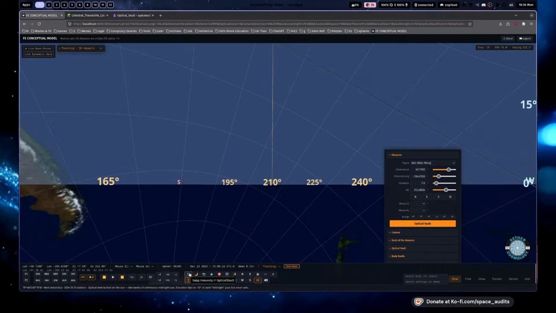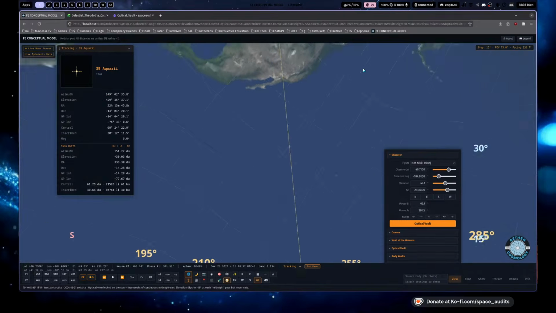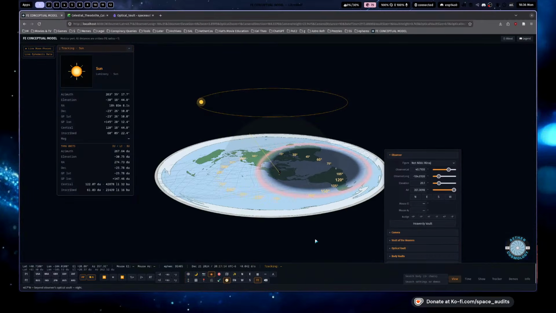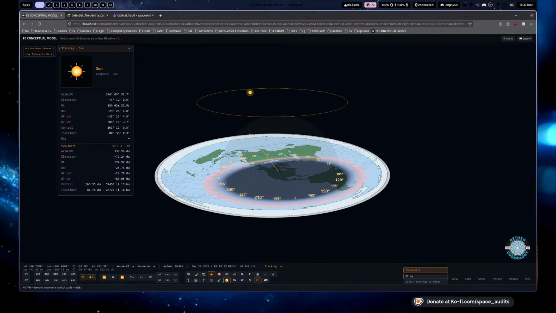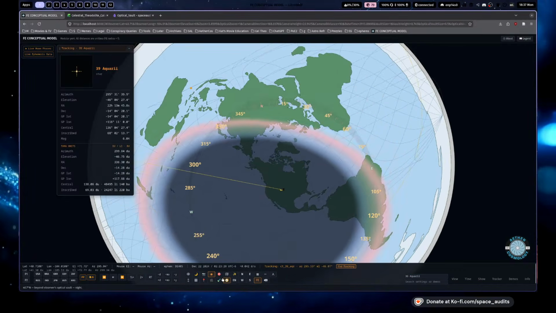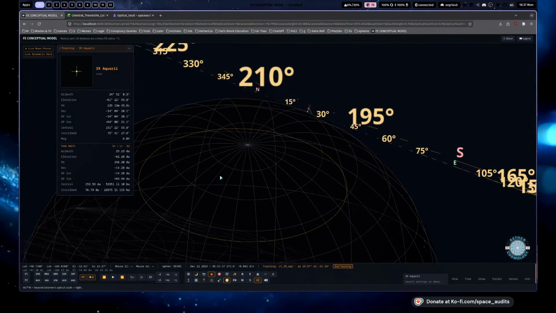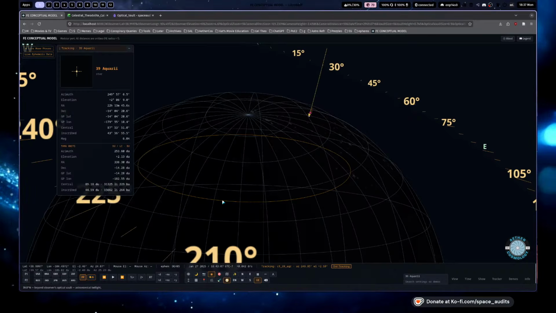We see what the observer sees. There's 93 Aquarii. It's currently at 23 elevation. I'm in the demo right now. 3 Aquarii. There we go. Well, you know what? We can just go to the exact time.